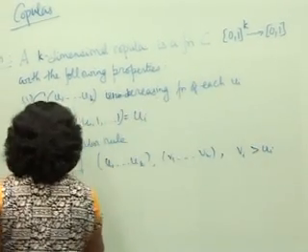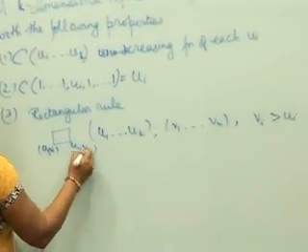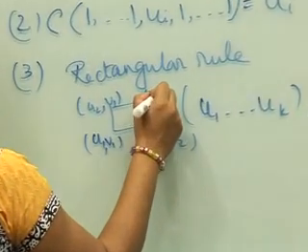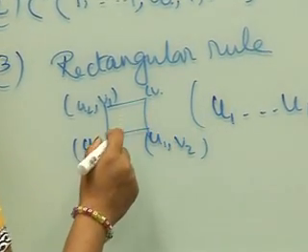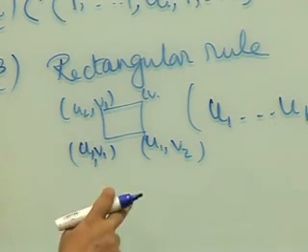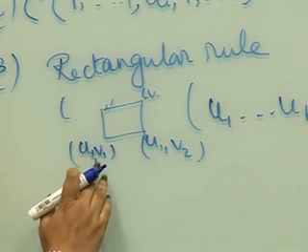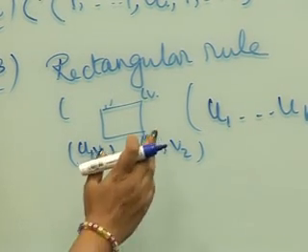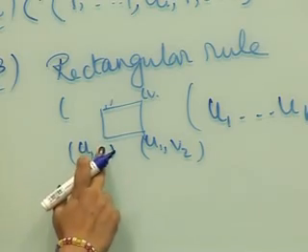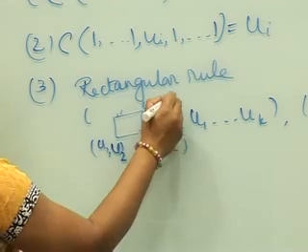So this is u1 v1, u1 v2, u2 v1. Sorry, u1 u2 is this point, and v1 v2 is this point.